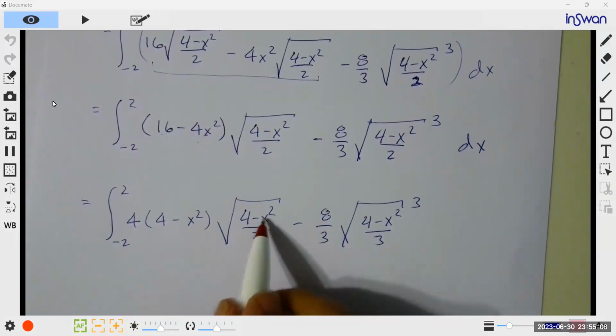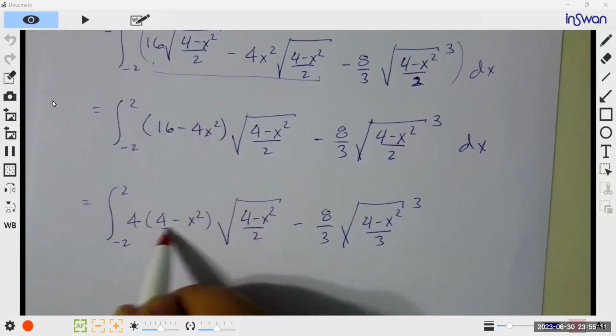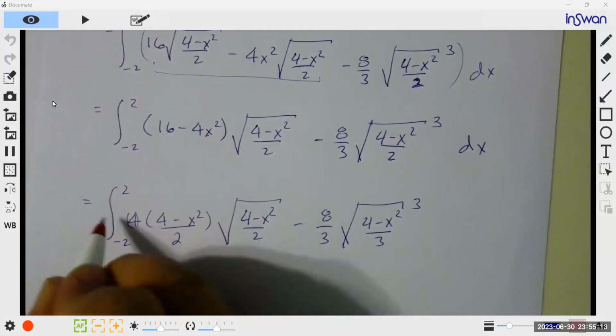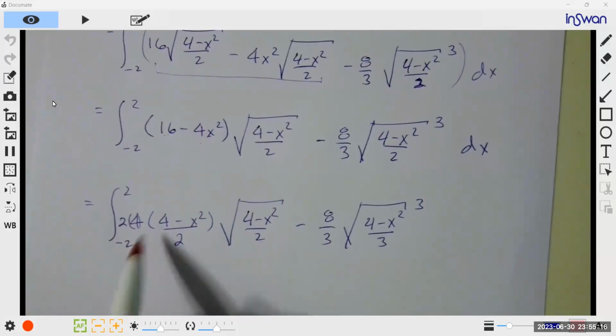Okay, now what this looks like: if we divide it by 2, we can do that if we multiply by 2 out here, because the 2's are canceled.